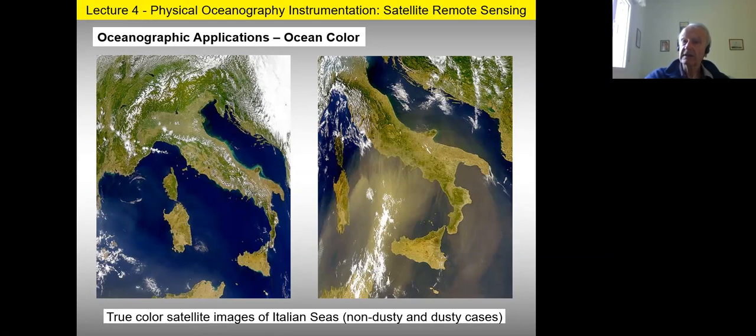It's associated with the state of the atmosphere, with the dust presence in the atmosphere. So you see how the atmosphere is in between, and it influences what you see. You have to know a little bit about what is going on in the atmosphere before interpreting what you can see from the satellite data.